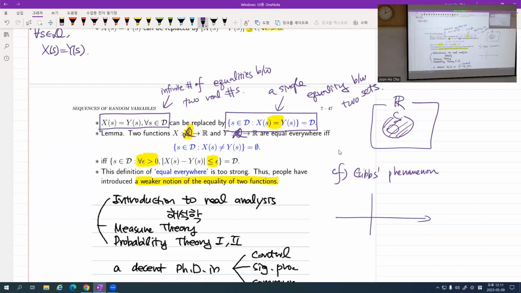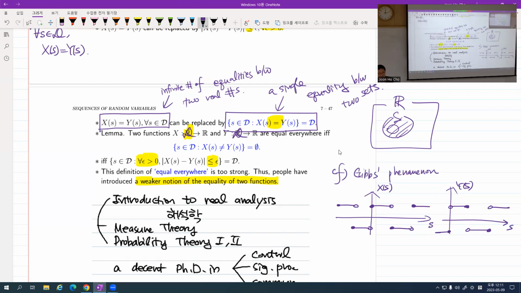So we want to claim like this. Assuming right continuity for convenience, you would claim x of s equals y of s, for example, because they are almost everywhere equal, except at some points that do not contribute to the error in the engineering sense.